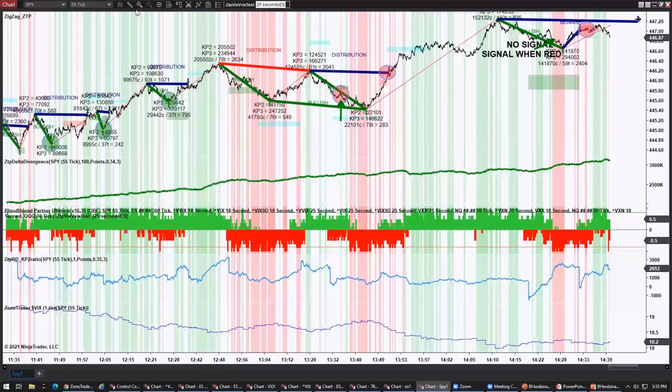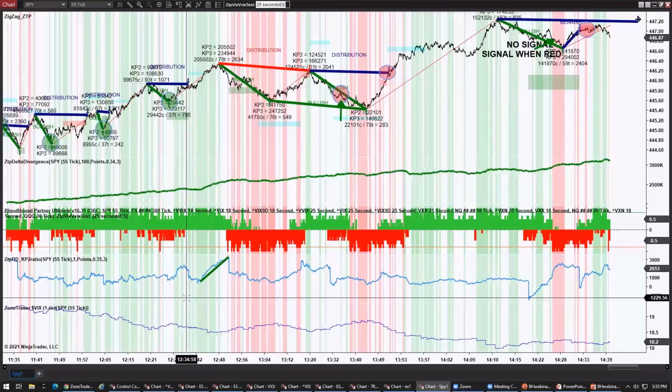Well, was there any clue that that was going to be the top? Well, if we come back here to our ratio indicator, yeah, right there. But the hardest thing you're going to do is make an exit, okay?